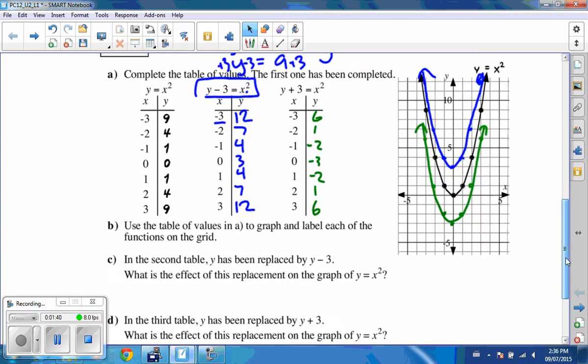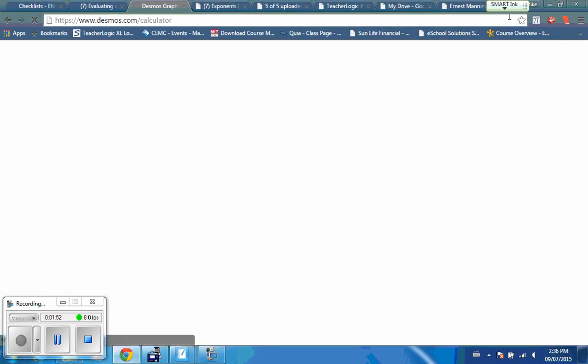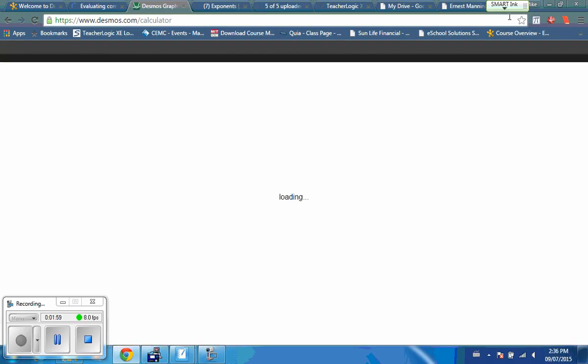Now, I'm going to actually do this using a fantastic website called Desmos. This is the best graphing calculator you'll ever use. So I've already got Desmos up, and I'm going to introduce a variable to my Desmos equation in just a minute.